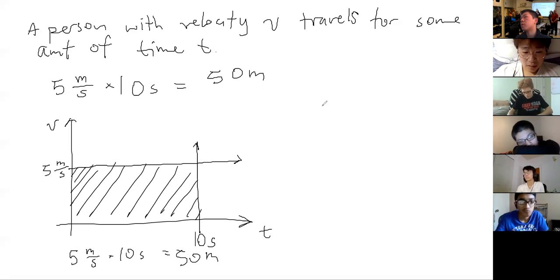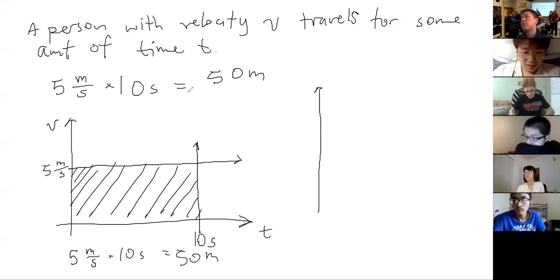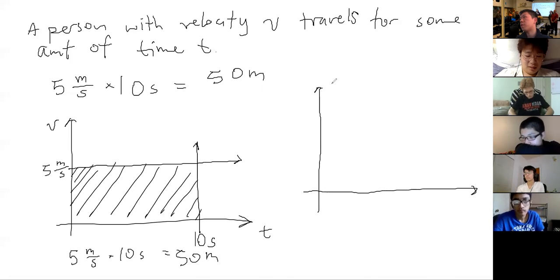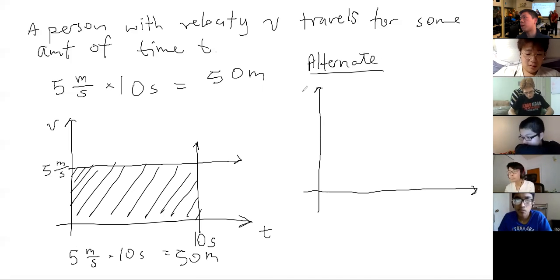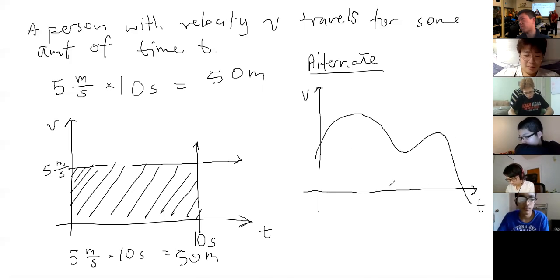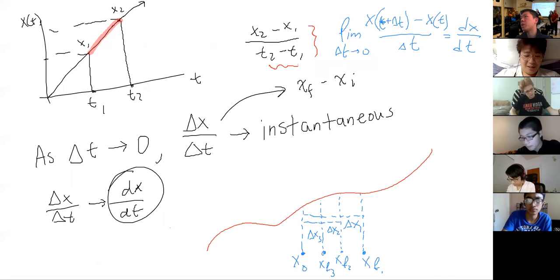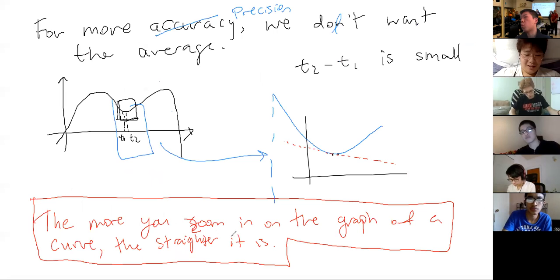But now you may ask, what is going to happen if my velocity is not constant? What if instead my velocity with respect to time is equal to some curvy function? Well, we can make the same type of rectangle, because when we zoomed in on our graph before, the more you zoom in on a curve, the straighter it is.